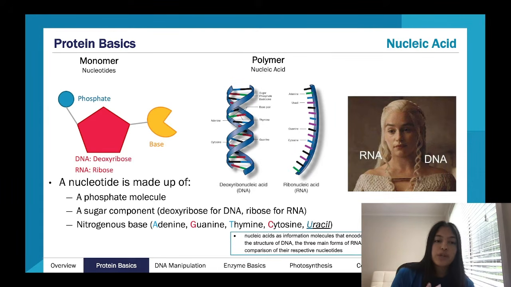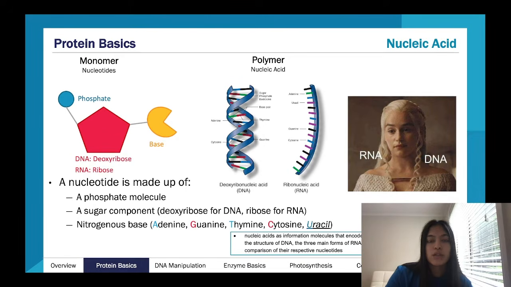Essentially these 3 things, understand these because there have been questions where you have to label them. We have our phosphate group, our sugar, and our nitrogenous base. So we've got our A, G, C, T, and in our RNA we've also got our uracil as well. And you can see the study design dot point that covers this.